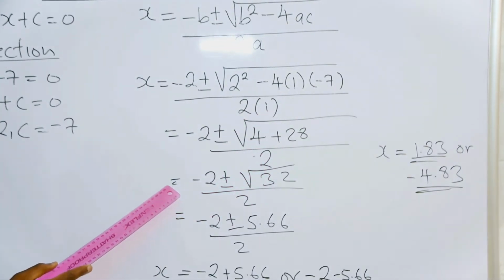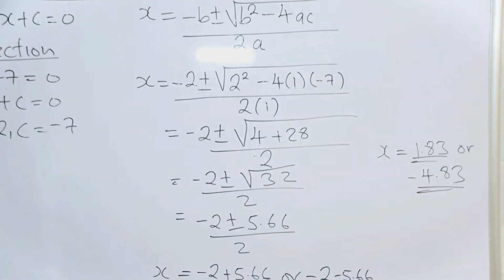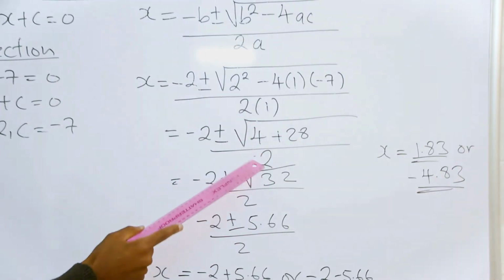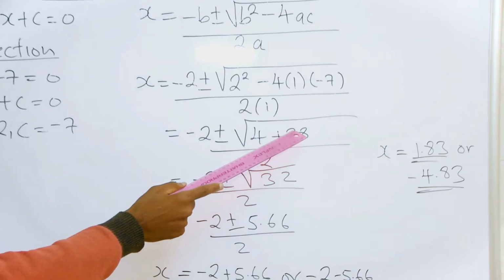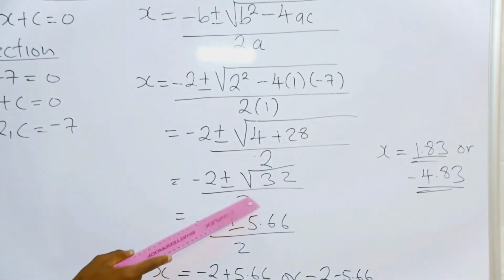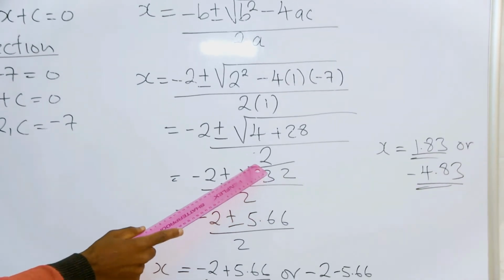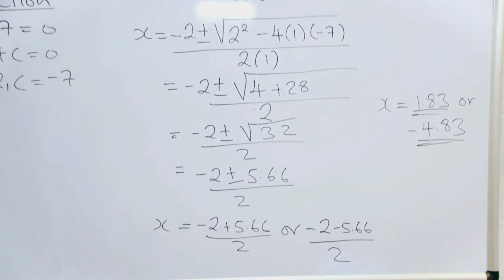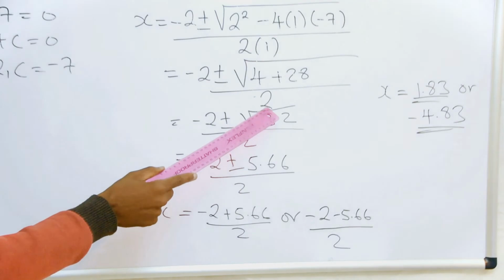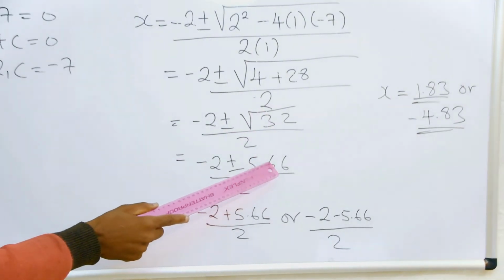We'll proceed to the next stage, which is finding the total of what is under the square root. So 4 plus 28 gives us 32. Everything else has dropped as it is, so we find now the square root on the calculator. The square root of 32 is basically 5.66.